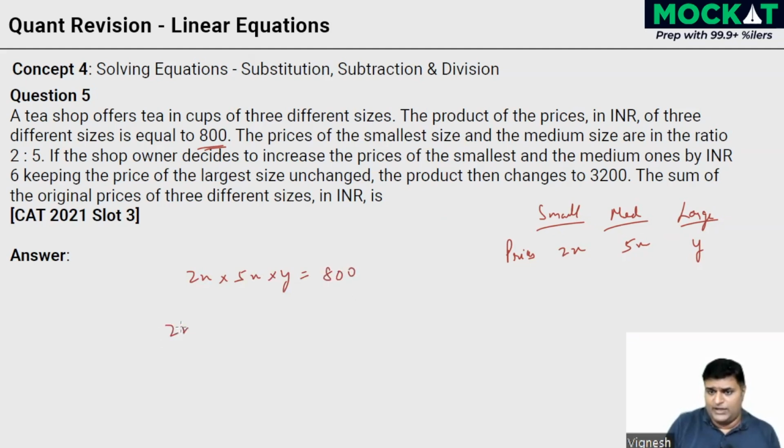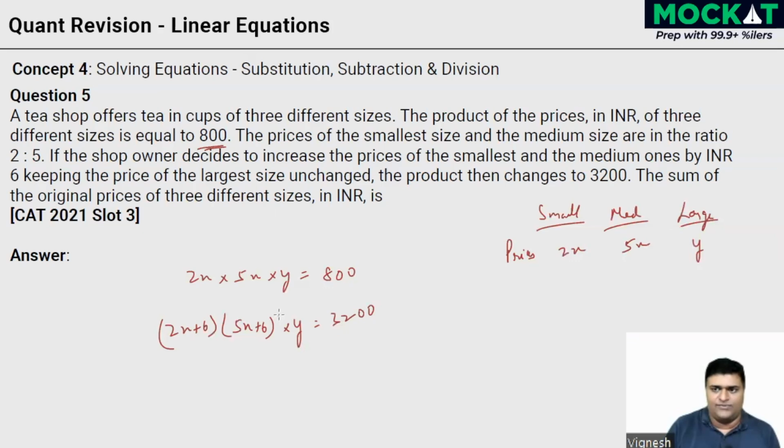And we have 2x plus 6 into 5x plus 6, both of those we're increasing by 6 rupees, into y over here is going to give us 3,200. The sum of the original prices of 3 different sizes, that is 2x plus 5x plus y. I have to add those up and see what I'm going to get over here, right?